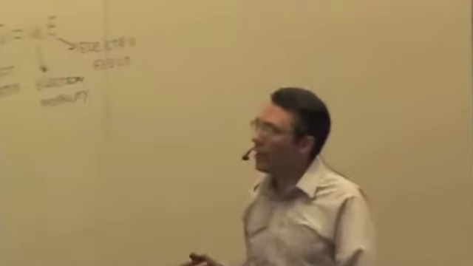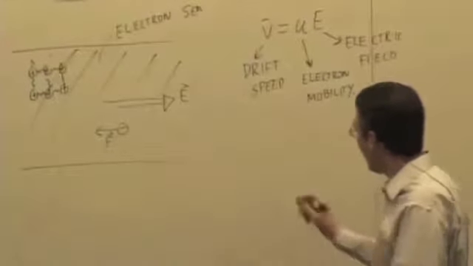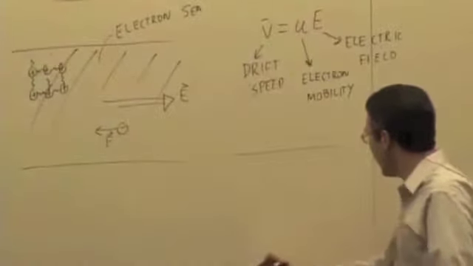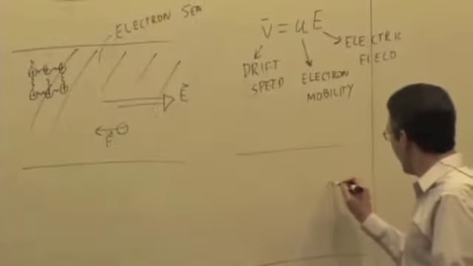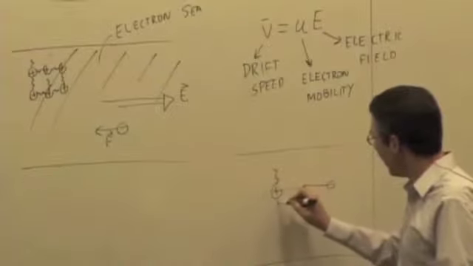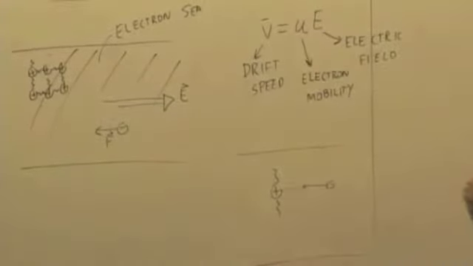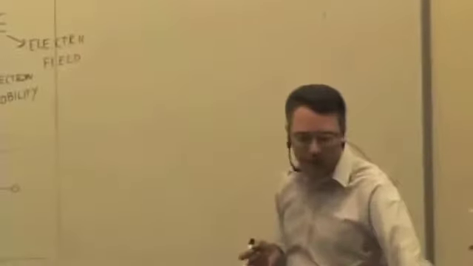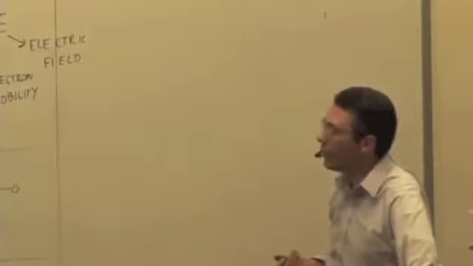In our model, this is kind of the average motion, but we're saying that the electrons will accelerate and pick up speed until they eventually collide with one of these positive ionic cores and lose all their energy, giving some of the kinetic energy to the ionic cores, which then start to vibrate around. We interpret that as a temperature increase, as thermal energy.